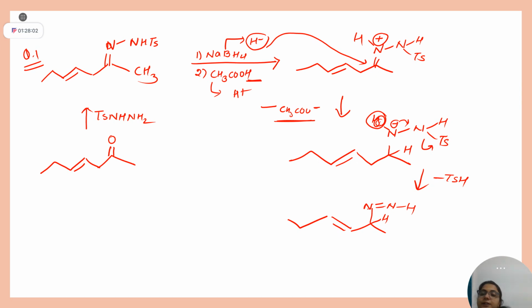Now you know, students, you are having this N2, and if from your system neutral molecules like SO2, CO2, N2 leave, it actually increases your entropy. So for some reactions, it is the driving force. So here what happens, students? A 1,5 sigmatropic, 1,5 hydrogen shift takes place.